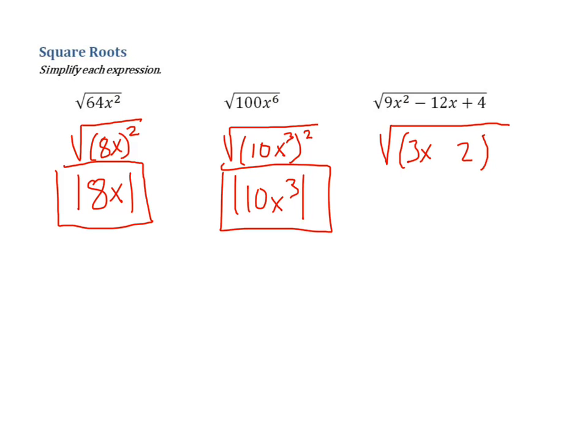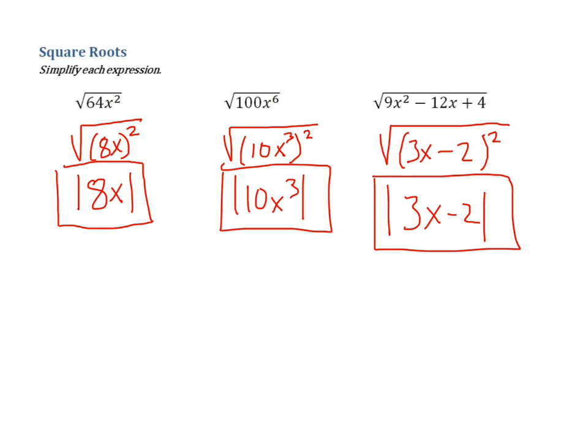And since this is a minus 12x inside here, we're going to need a minus. And then squared, and you can multiply this out to see if it really gives you this, to check, and it does, because it's a squared trinomial. So we have 3x minus 2 because the square root cancels out the square. All right, there you have it.